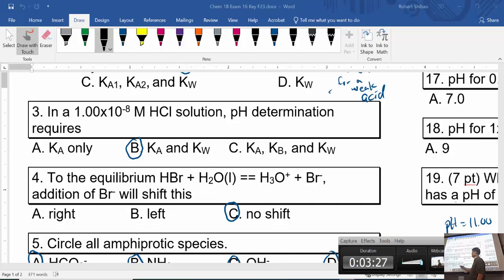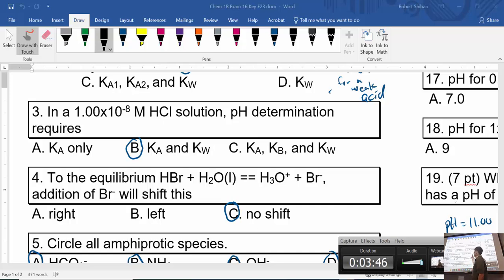8 is base. Number 4, the equilibrium, HBr. Okay, so HBr is a strong acid. If we have a strong acid here, it's just a one-way reaction. We've talked about that before. And so Ka is very large, so there's no shift.